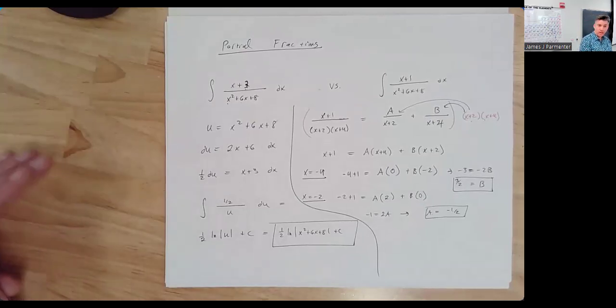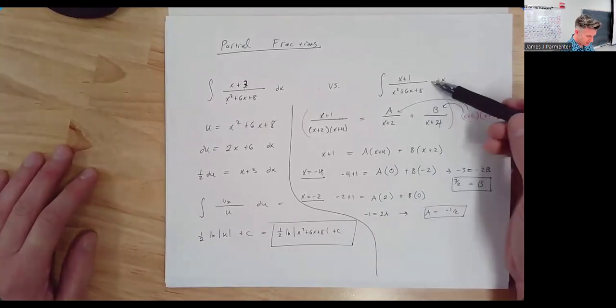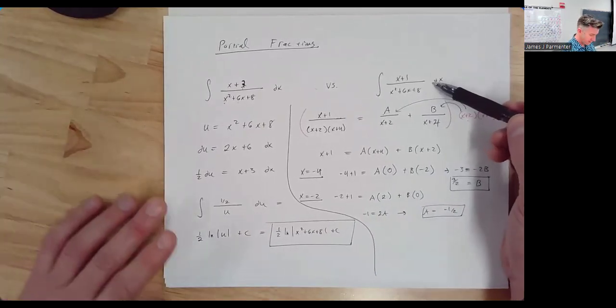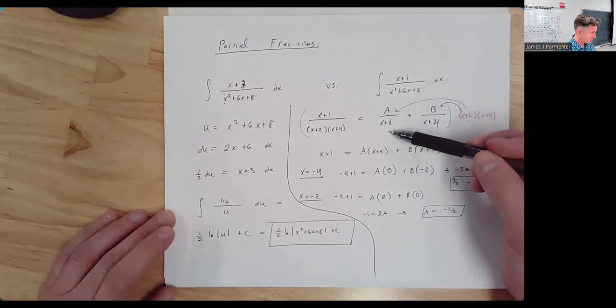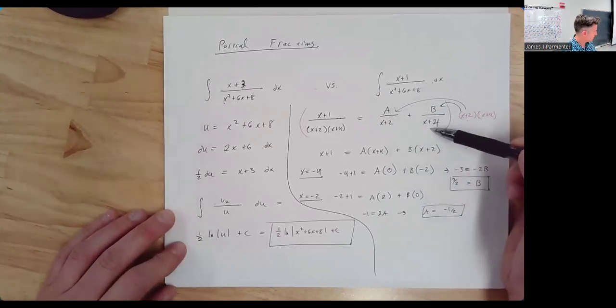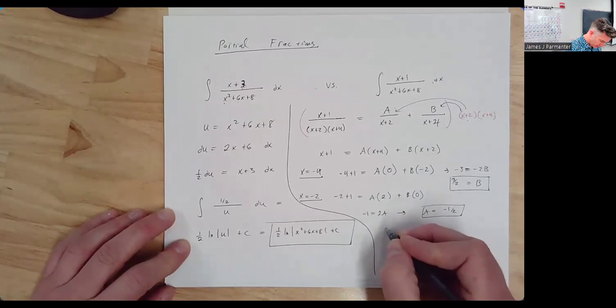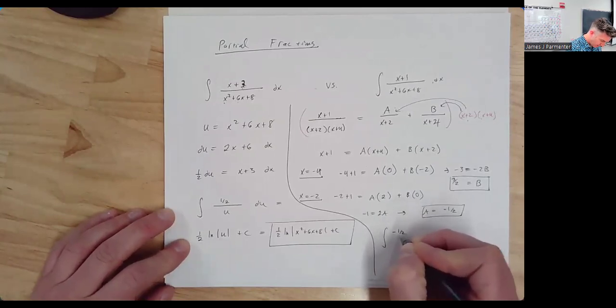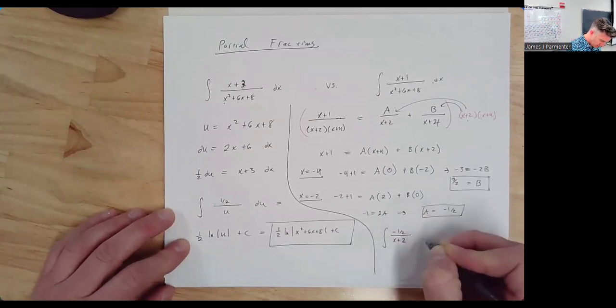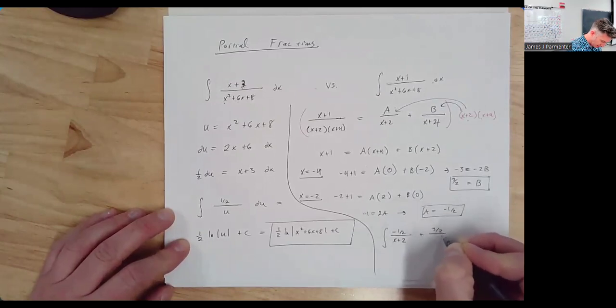And then the whole point of this is that we can rewrite this integral as the integral of our A value divided by x plus 2 plus our B value divided by x plus 4. So we can say, oh, we're really integrating -1/2 over x plus 2 plus 3/2 over x plus 4.